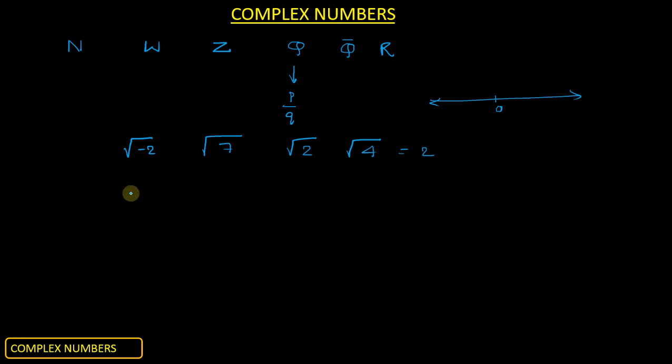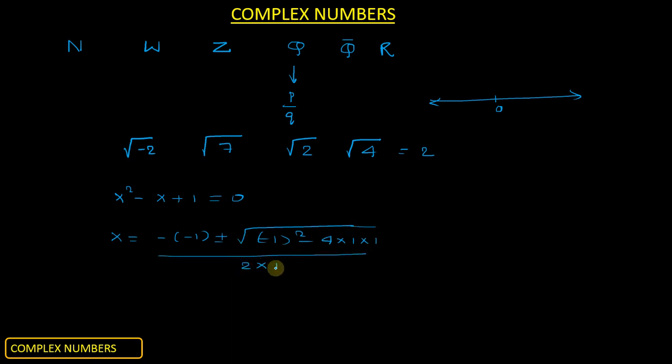Sometimes when we solve an equation, we get such a root which we cannot plot on the real number line. Suppose we have x square minus x plus 1 equal to 0. This is quadratic in x. How do we solve this quadratic? We will use the quadratic formula. So we have x is equal to minus of -1 plus minus square root of (-1) square minus 4 into a is 1, c is 1, upon 2a, is 1.